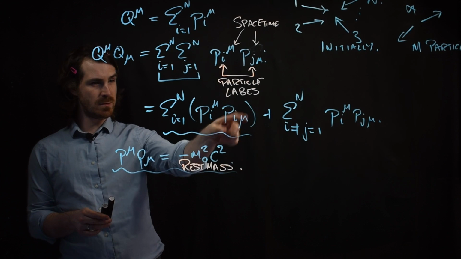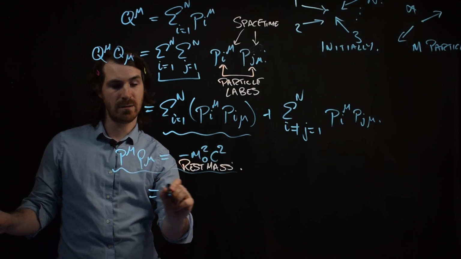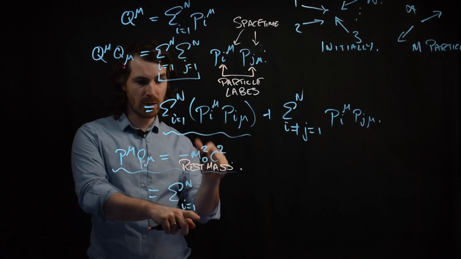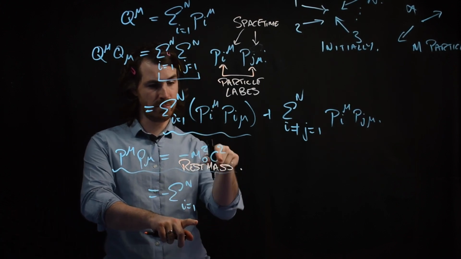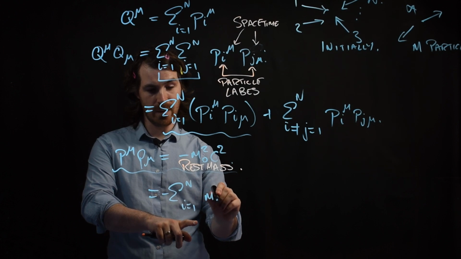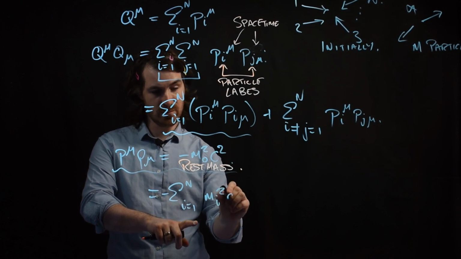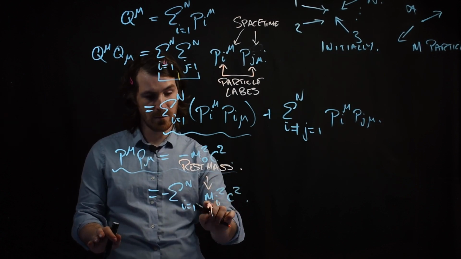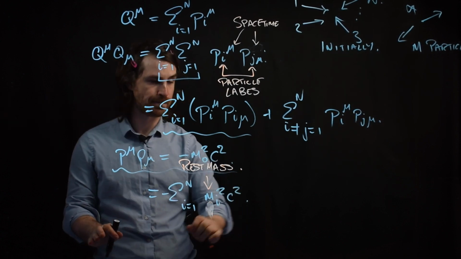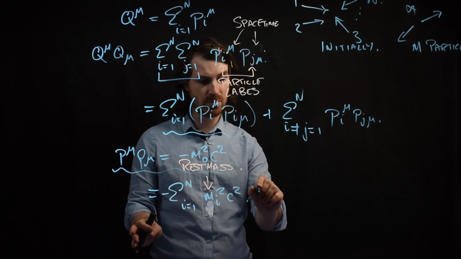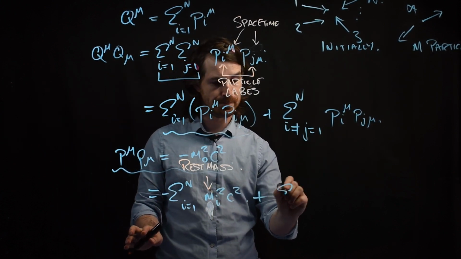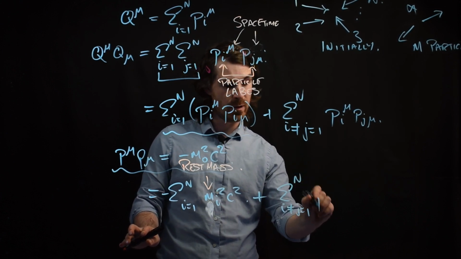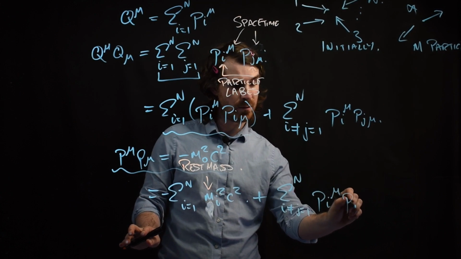So this sum we can write as the sum from 1 to n of minus m i squared c squared, where this is the rest mass of particle i, plus the cross terms, i not equal to j from 1 to n, p i mu p j mu.